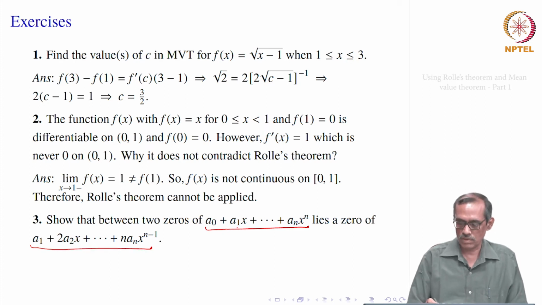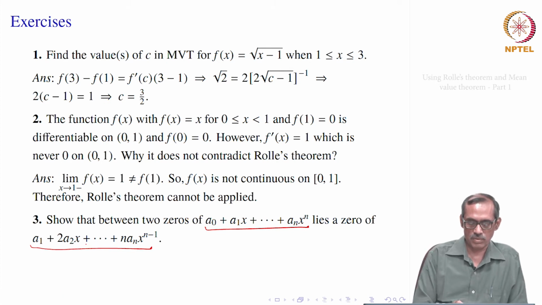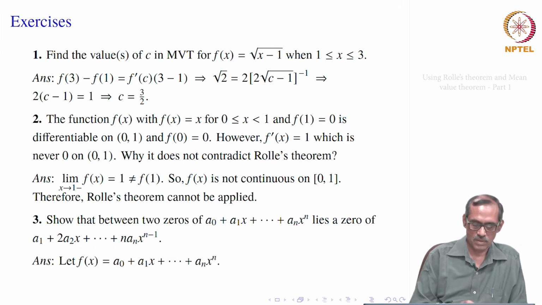So, we have two zeros, say a and b, of the first polynomial. It says that between them there is another 0 of this. This is very easy to see if you recognize the second polynomial as the derivative of the first polynomial, fine, and then apply Rolle's theorem. So, that is what we do.